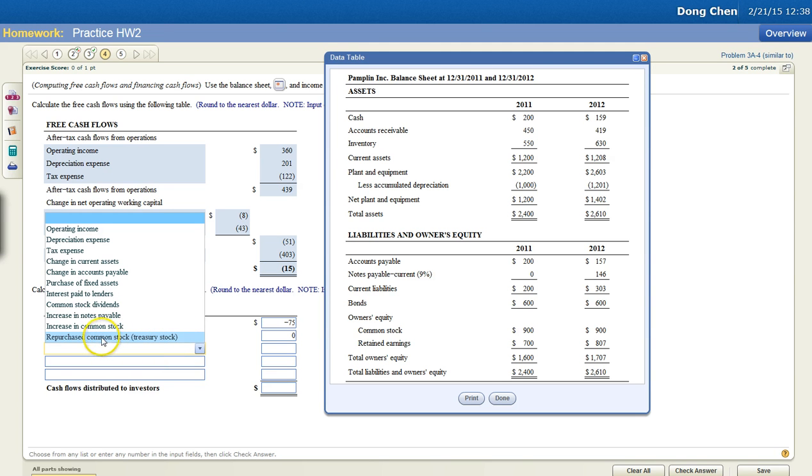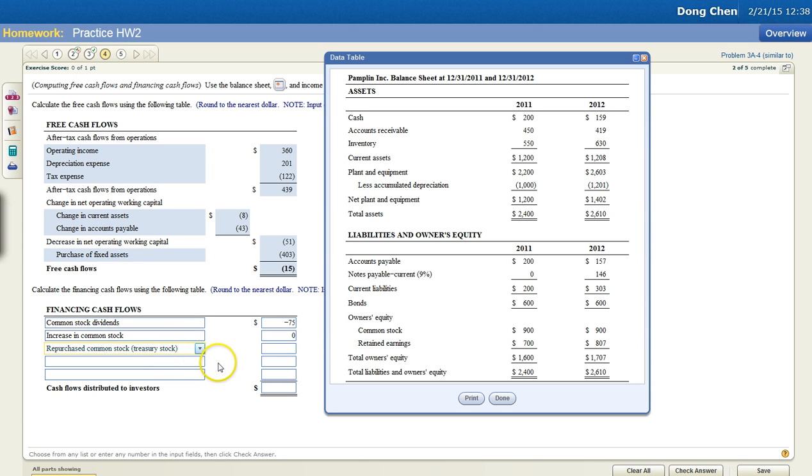So the next item for common stock is the repurchased common stock. So the firm can do two things: issue new common stock, and the firm can also repurchase some of the existing common stock. If the firm does that, obviously the firm is paying the shareholders money.